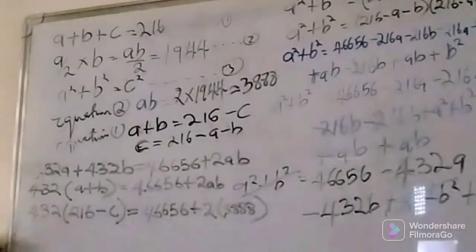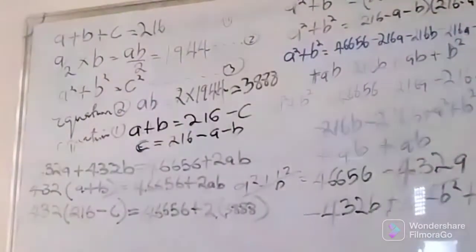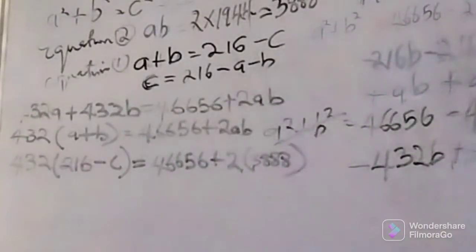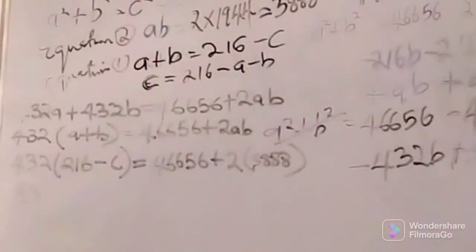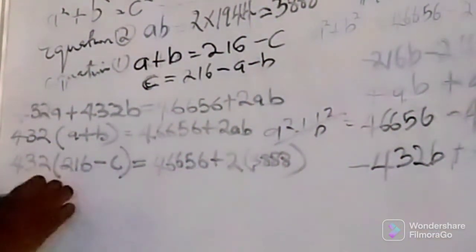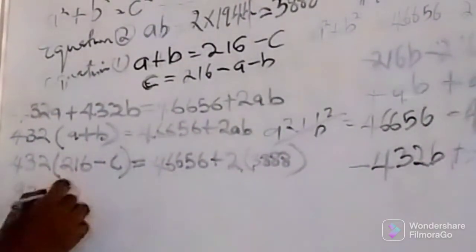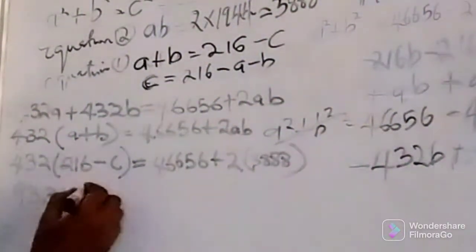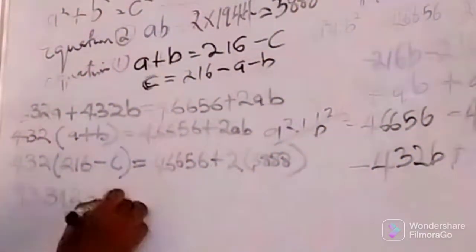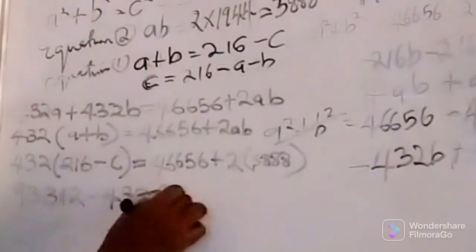So we have 432 times 216. I'm going to use the calculator. 432 times 216, giving us 93,312. 432 times minus c will give us minus 432c.